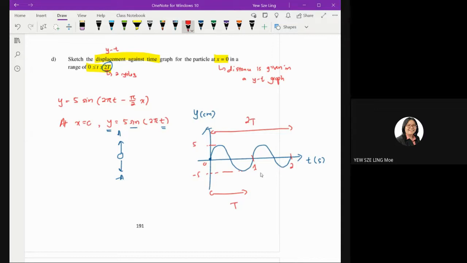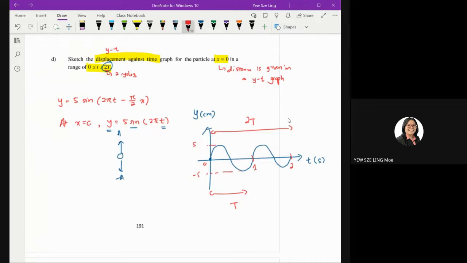That's why you have 1 second and 2 seconds. So 2 cycles. That is the answer for question D. Very similar to question B. The difference is the x-axis: just now we had y against x, now we have y against t.